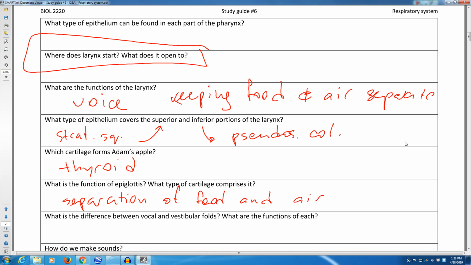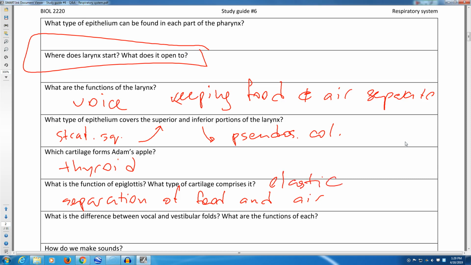Specifically, it closes the larynx during swallowing. You have to be able to recognize that statement as well. Am I clear? Closes the larynx during swallowing. Epiglottis, and it's elastic cartilage.